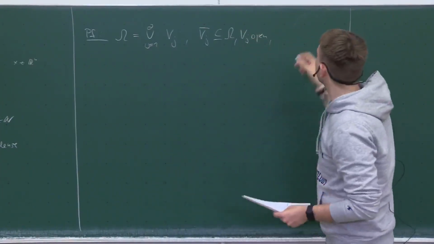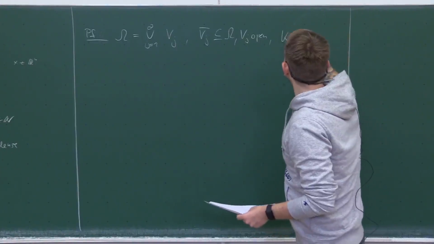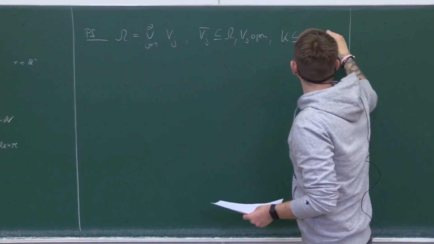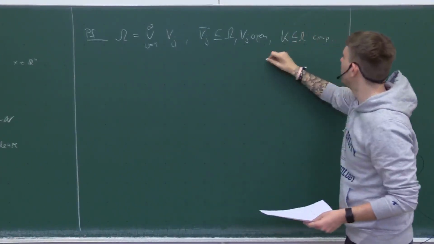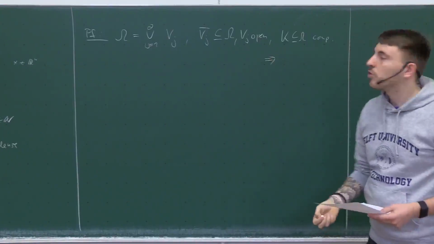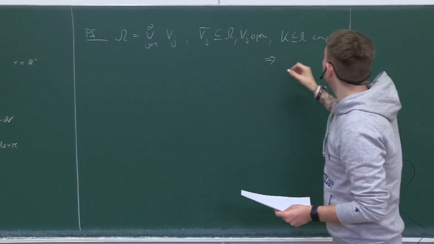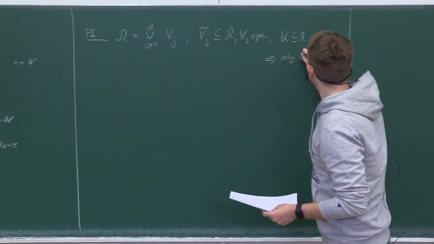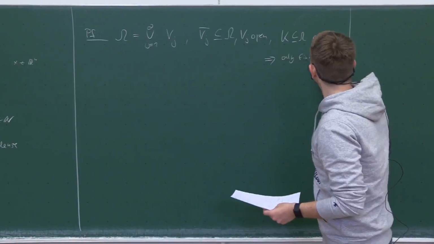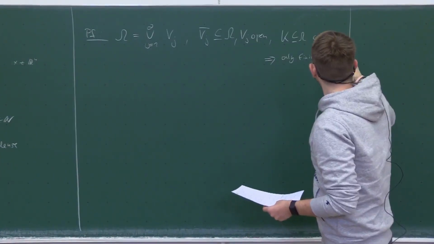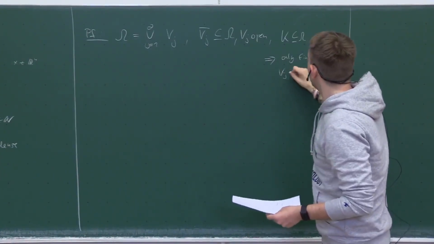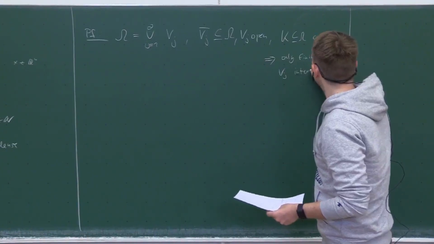And we want that if K in Ω is compact, then this should imply that only finitely many V_j intersect K.